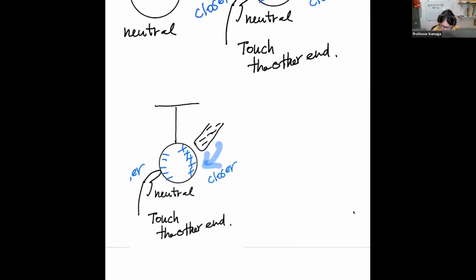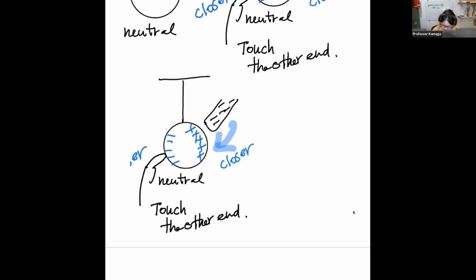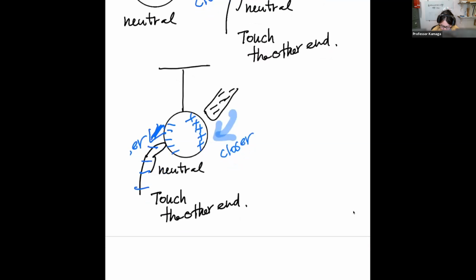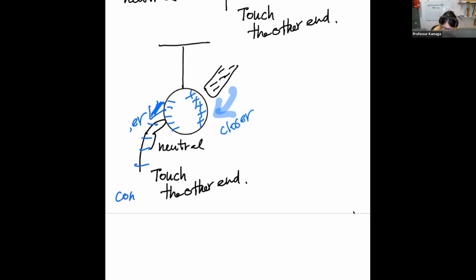If I touch it, then these negatives start going out from one side. Because the hand is a conductor, this negative will flow into the hand and then through you to the ground.